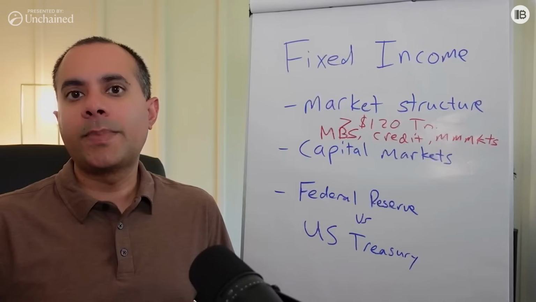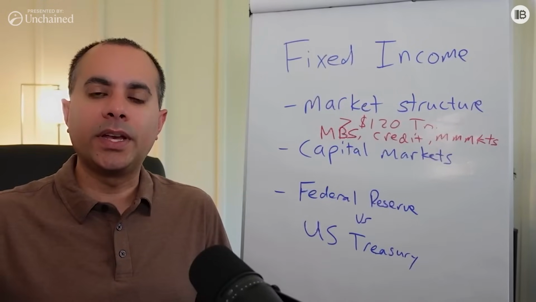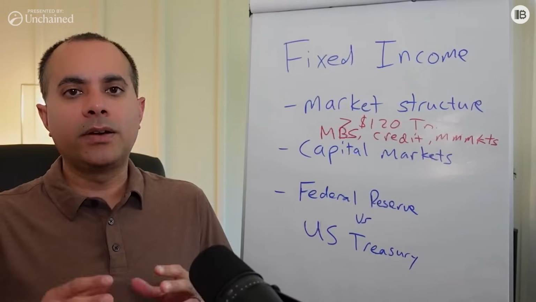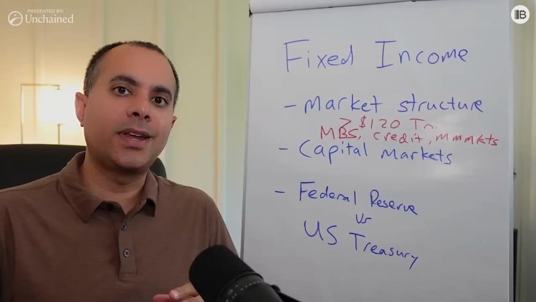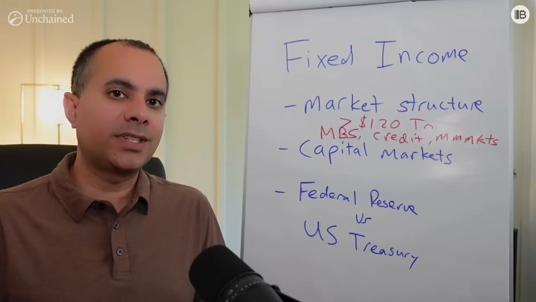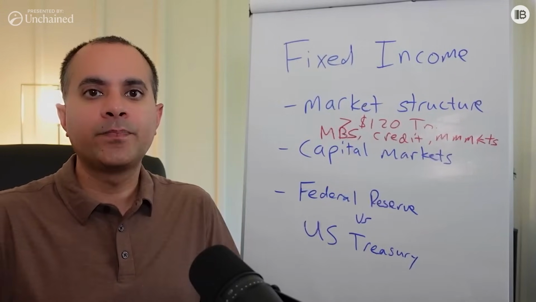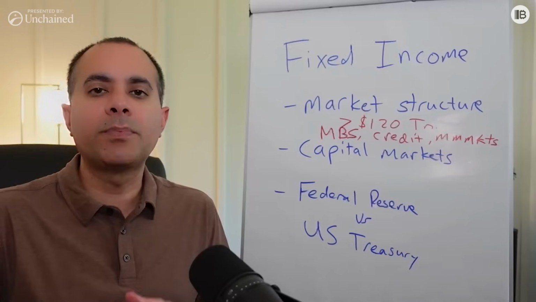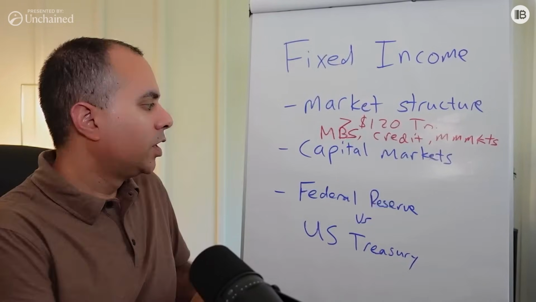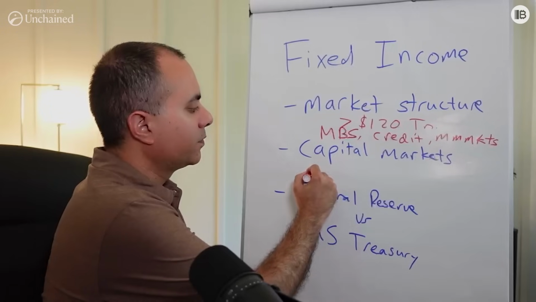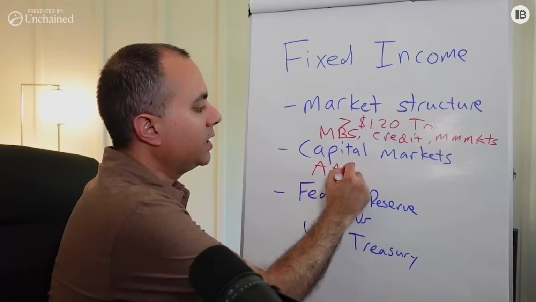All right, let's talk about the capital markets a little bit. You guys know that when you go to your brokerage account and you want to purchase an equity, you look up the ticker for that equity, and through that ticker, you can buy an ownership stake in the company. So for example, we know the ticker AAPL.